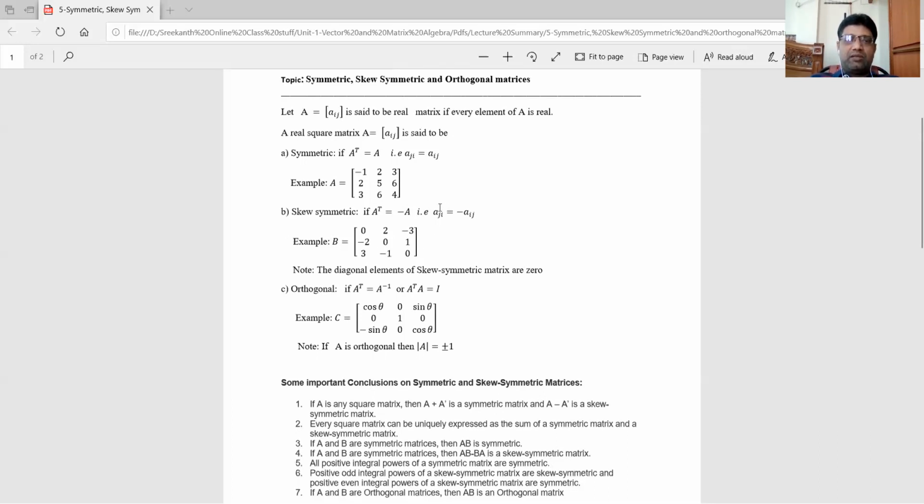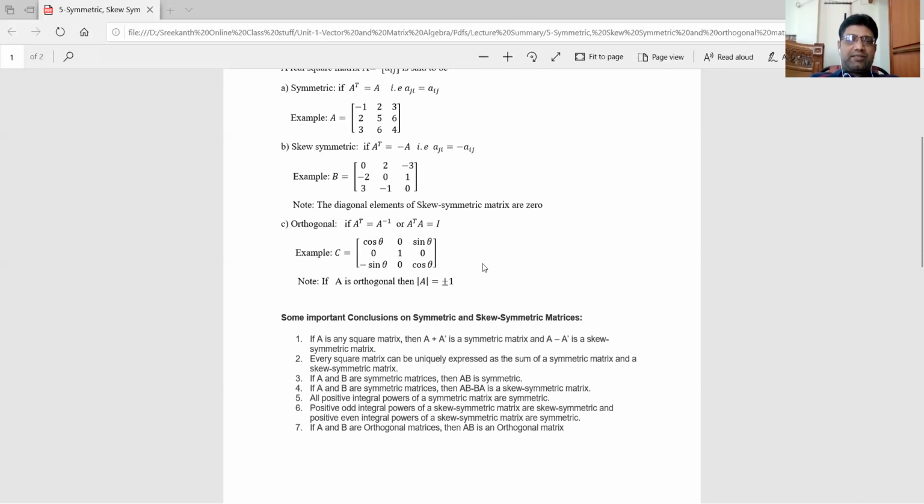If you bring this one to this side, Aij plus Aji equals 0. For the diagonal entries, A11, A22, A33, that means whenever i equals j, this becomes 2Aij equals 0. From that, Aij equals 0. That indicates that all the diagonal entries are 0. That's why in a skew symmetric matrix, the leading diagonal entries are always 0.